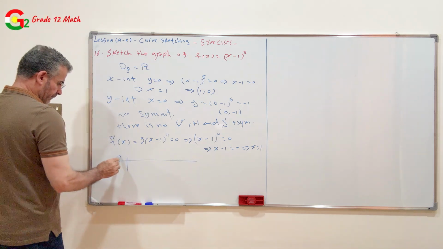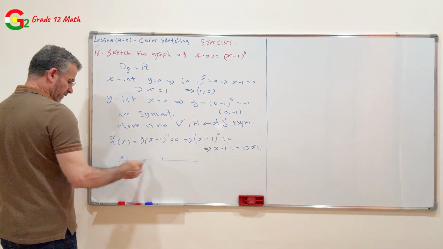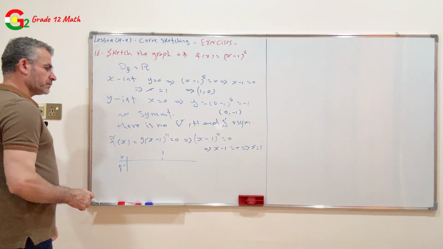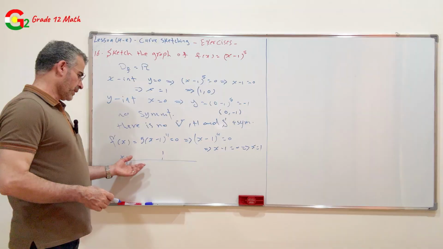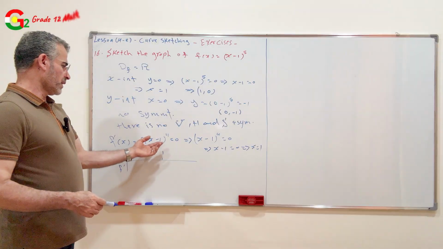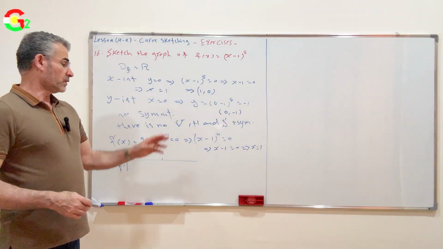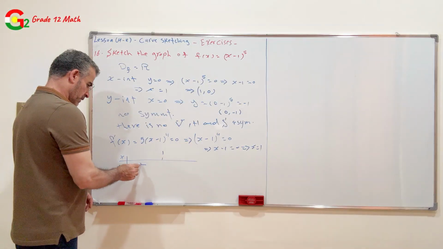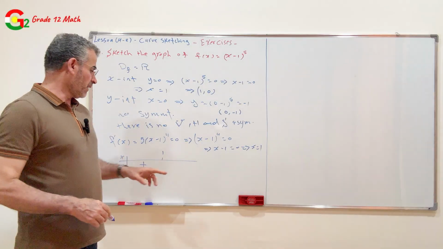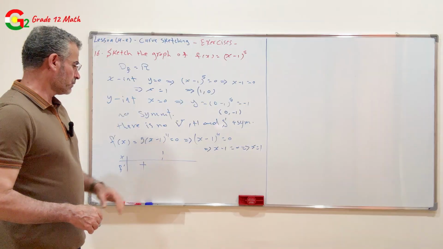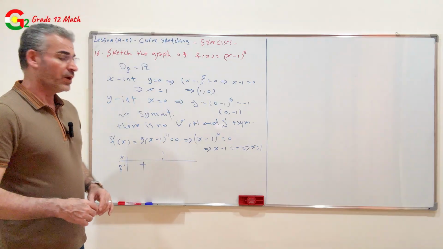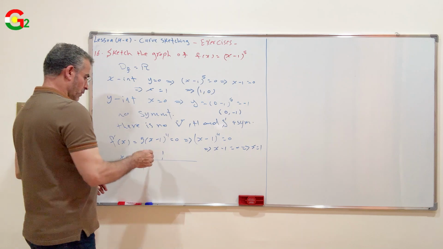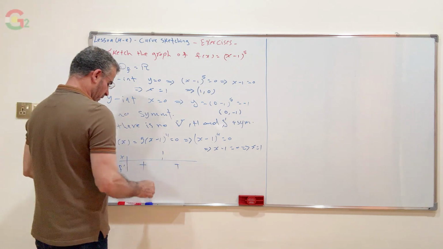Find the sign of the first derivative before and after 1. Before 1, take 0. 0 minus 1, negative 1 to the power 4, 1 times 5, positive value. After 1, take 2. 2 minus 1, 1 to the power 4, 1 times 5, also positive value.